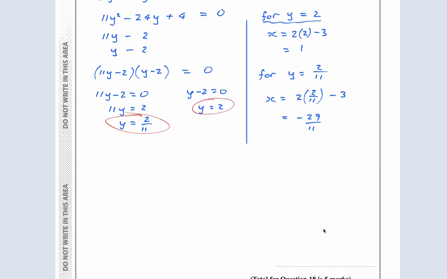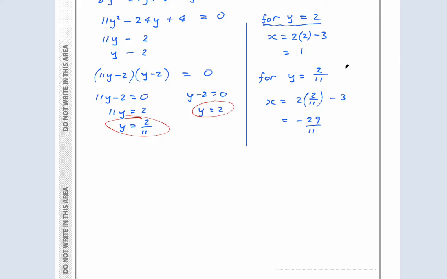Now be super careful, guys. Actually let me change this to green just so it's clear. The y equals 2 goes with the x equals 1, because that's where I subbed in y equals 2. The y equals 2 over 11 goes with the x is minus 29 over 11, because I subbed it in there. So just be crystal clear, you've two solutions.